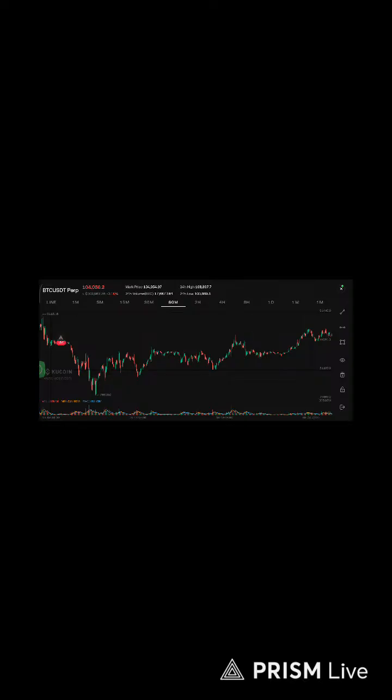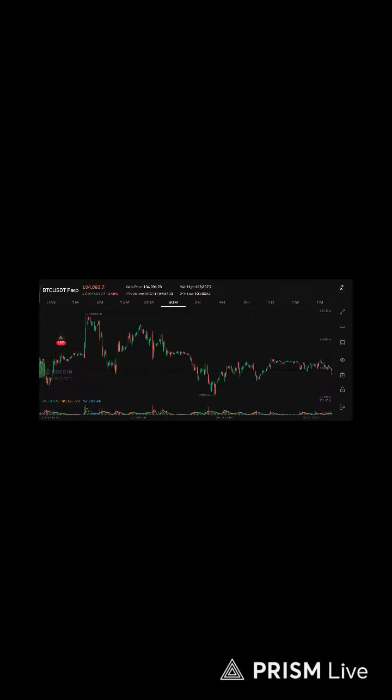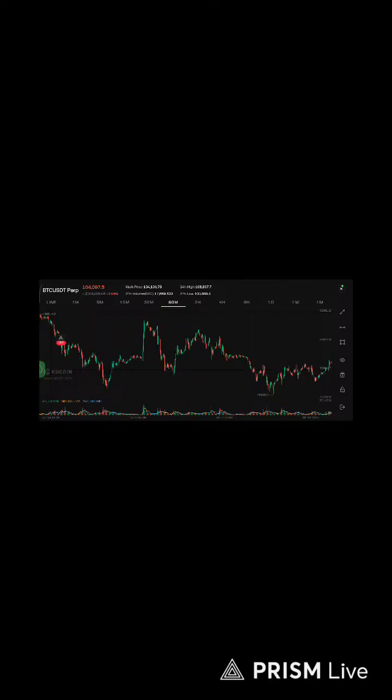That is, the buyers are slowing down and the sellers are going to take over the market. Then the third candle is a long bearish candle, confirming that sellers have taken over the market completely. That is the explanation of the evening star pattern in a nutshell.